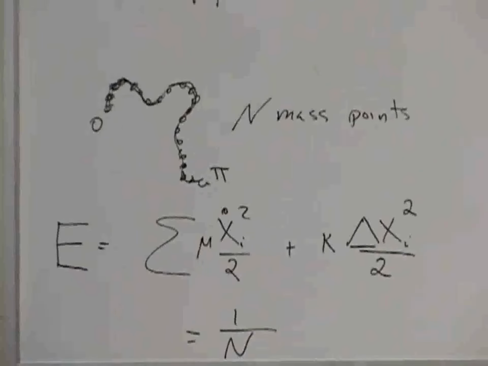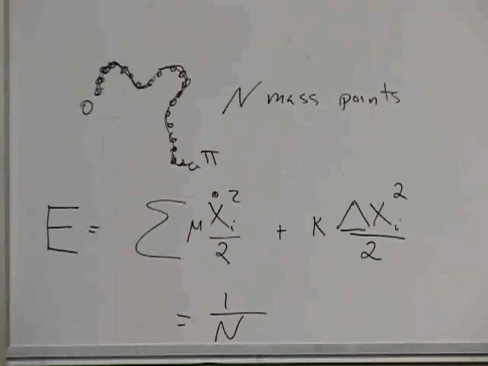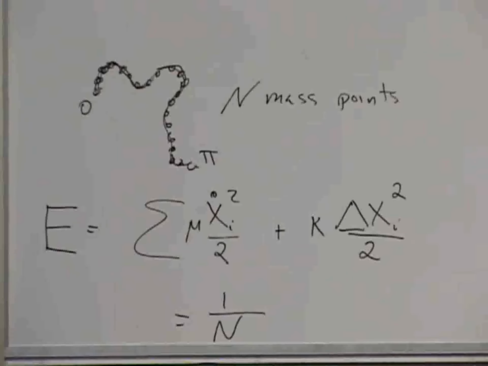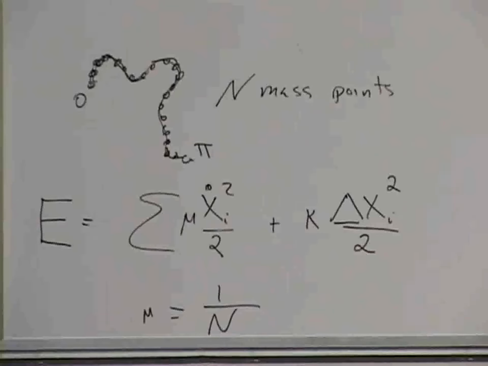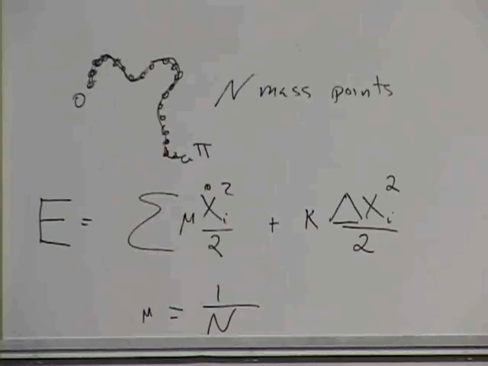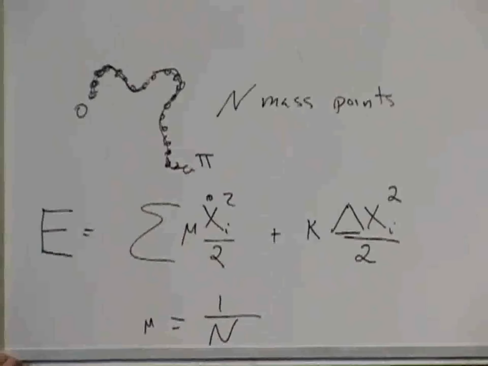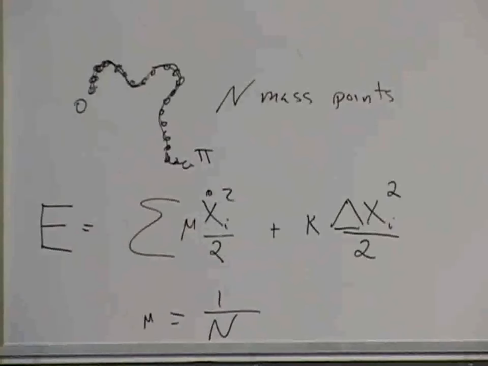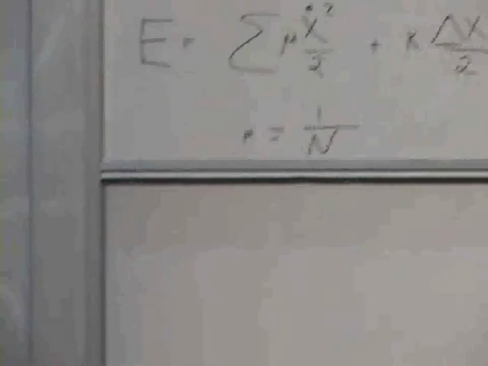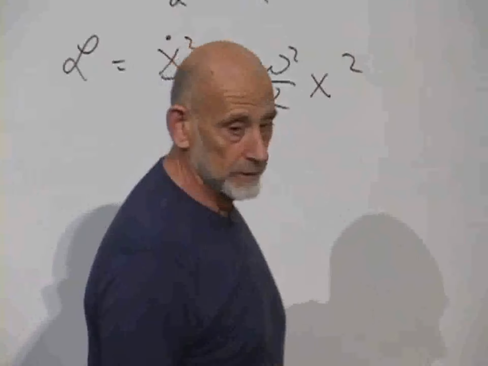Mu stands for just a parameter, and it's the analog mass. So we'll let mu be 1 over n. What would the total analog mass of the system be? 1. Okay, so this is a string with analog mass 1.